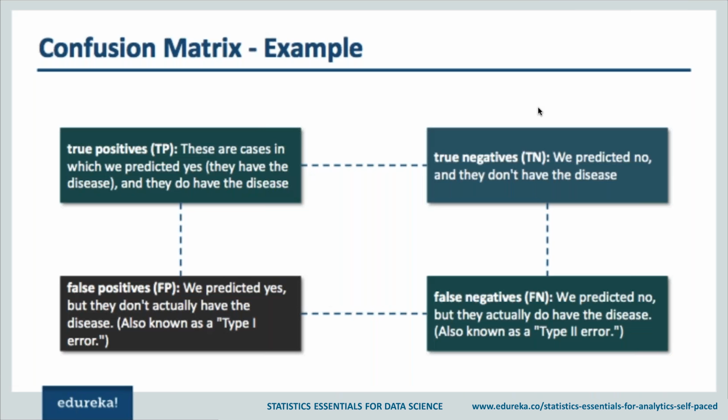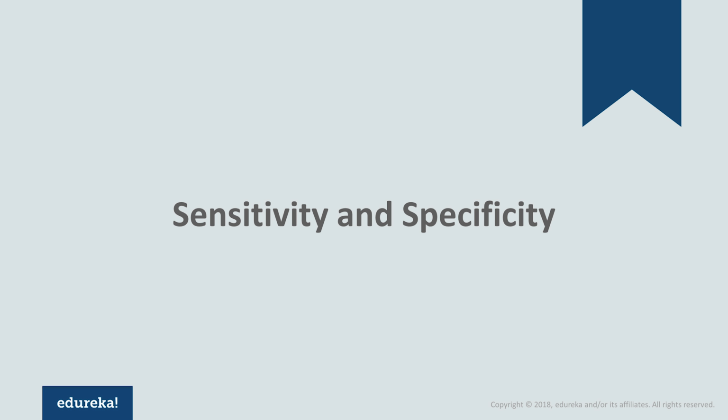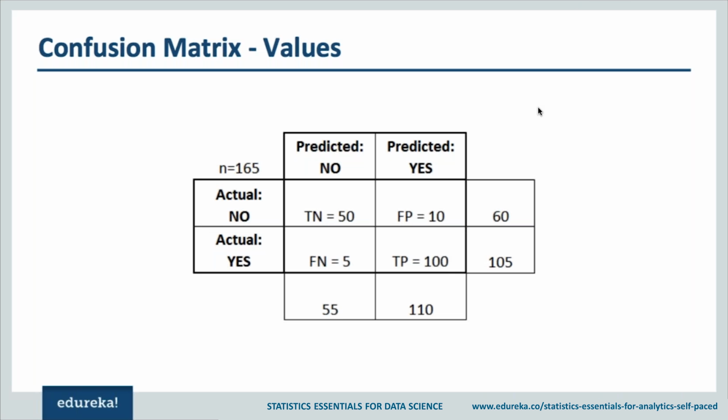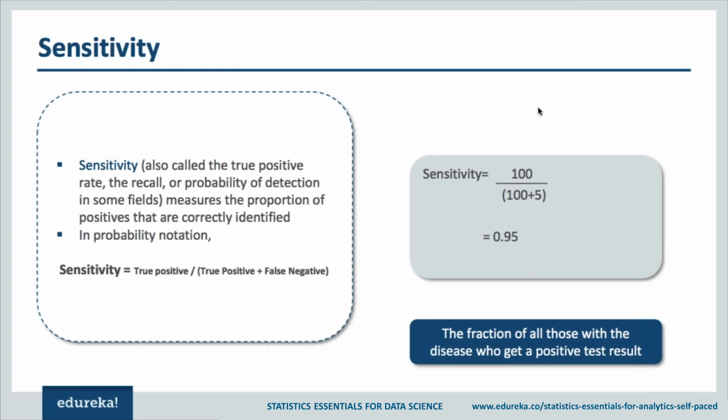So based on all those values of true positive, true negative, false positive, and false negative, we come up with two terms called sensitivity and specificity. True negative is nothing but predicted no and actual no. True positive is predicted yes and actual yes. We divide it into a matrix form, and then we calculate sensitivity, which is the probability of detection, a measure of the positives, which is true positive divided by the sum of true positive and false negative.